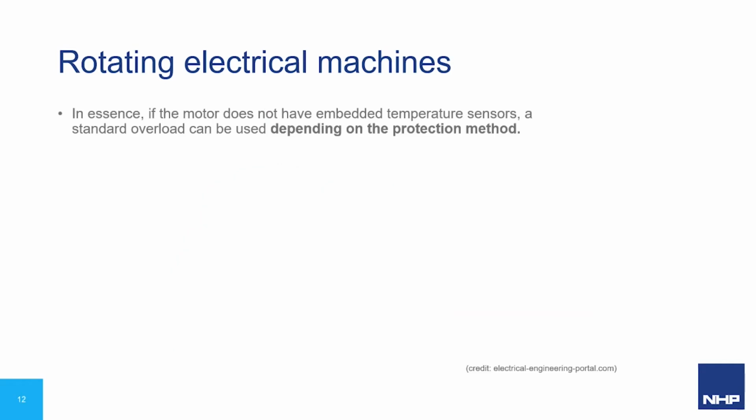Now, in essence, if the motor does not have embedded temperature sensors, such as PTCs or thermistors, a standard overload can be used depending on the protection method, as we'll see, but it must be sized accordingly. So there is a little bit of extra work that is required in the selection of the protection for a motor that does not have embedded temperature sensors, and care must be taken.